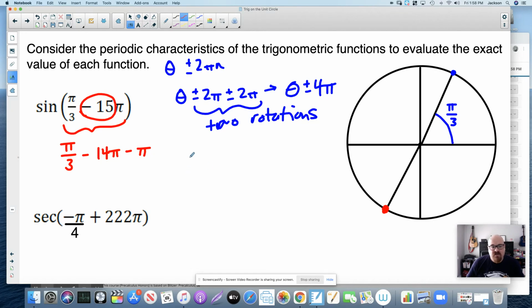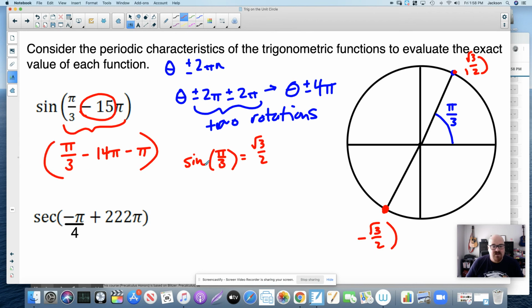Whereas before the sine of pi over 3 was radical 3 over 2, because that's the y coordinate up here, down here we have the same y coordinate, but it's negative. So the sine of pi over 3 minus 15 pi, which puts us down here, is negative radical 3 over 2. We're trying to find that other angle.